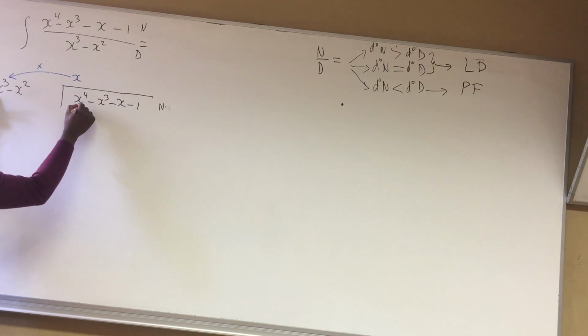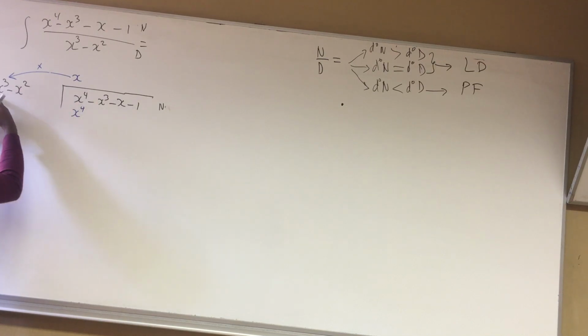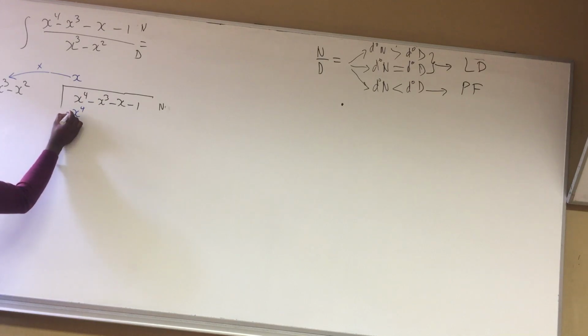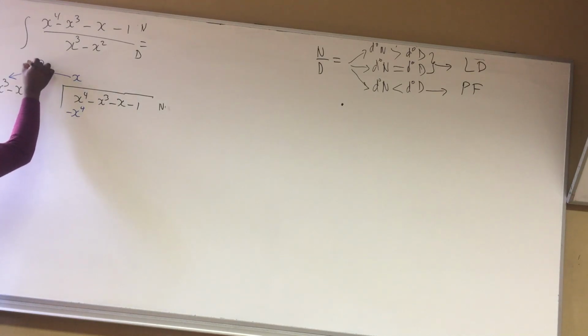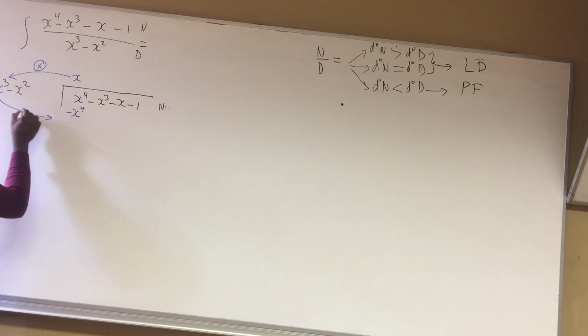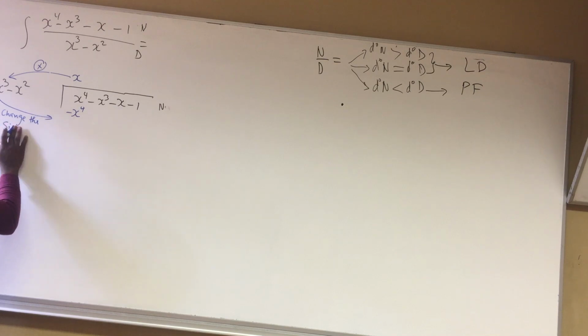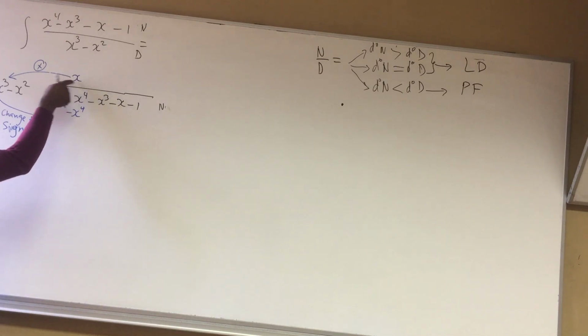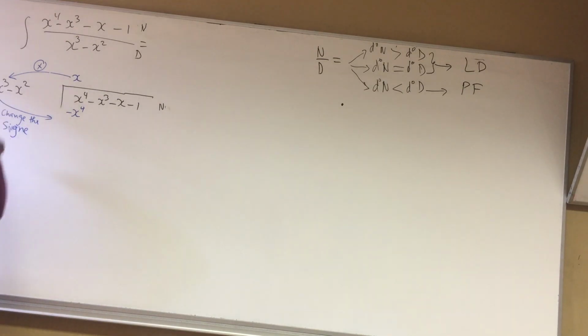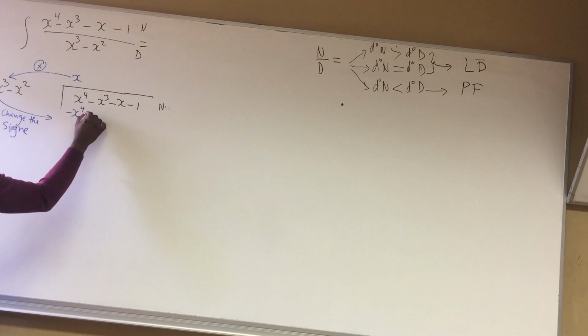It's going to give you x to the power 4, but it's not positive, it's going to be negative. Then you continue: x times minus x squared gives you minus x cubed. When it comes this side, it becomes positive x cubed.